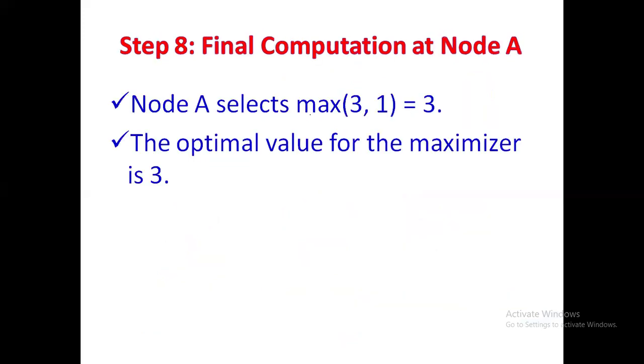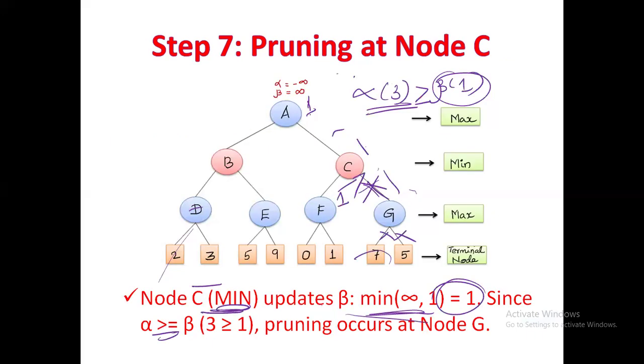So now the final computation at the final step, node A, max. What is the A max value? A is the maximum of 3 comma 1. Which value will be selected? 3, the maximum of 3. This means the optimal value for the maximizer is 3.